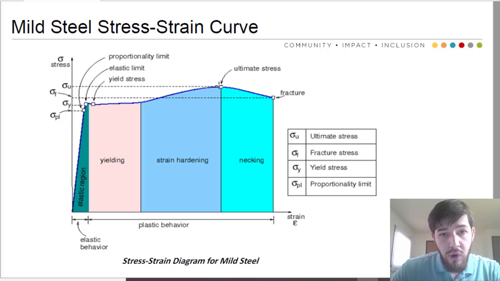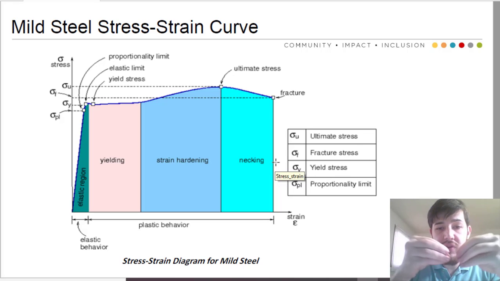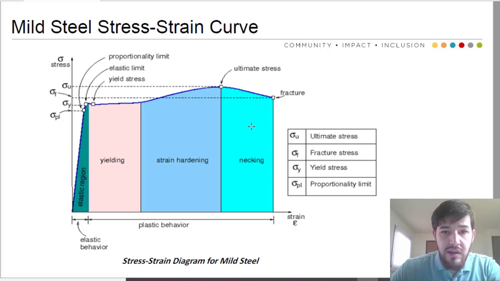After this point, the specimen will start necking, meaning the cross-sectional area of the specimen will be reduced, and therefore it will fracture at the end of that region, which is necking. We also have the stress at fracture, called sigma f, which is the failure or fracture stress.